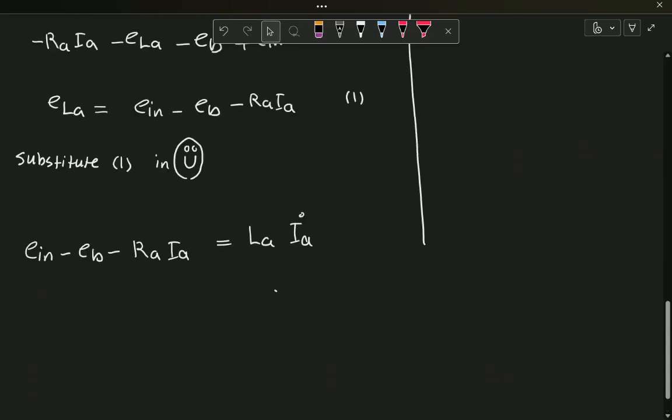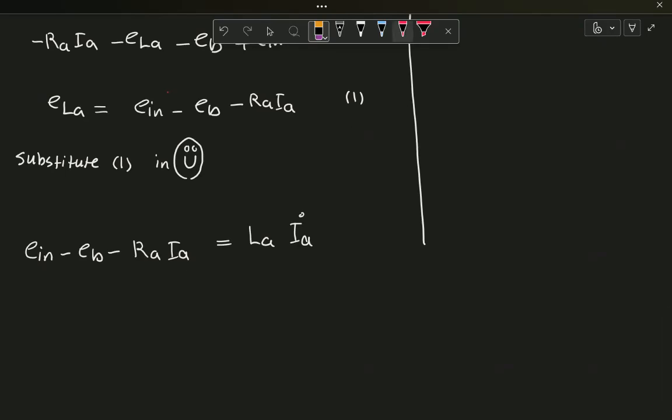I forgot to mention, guys, in equation 1, everything is a good term. IA is a good term. It's your dynamic variable. EB is an input somehow, and EN is an input. They're all good terms, yes? So that's why actually we substituted equation 1 in equation smiley.